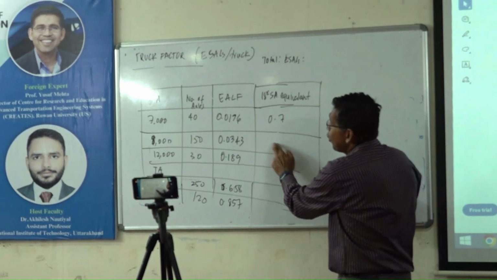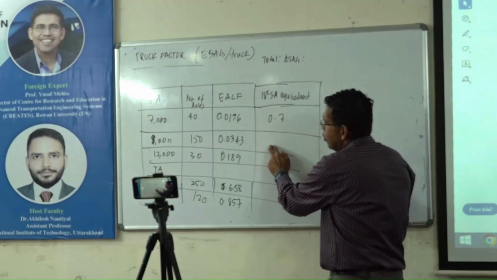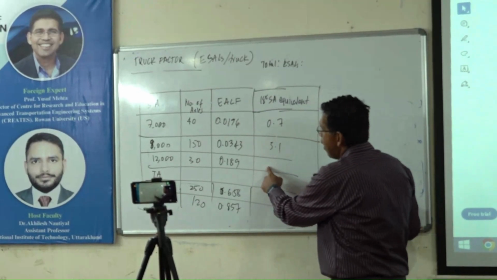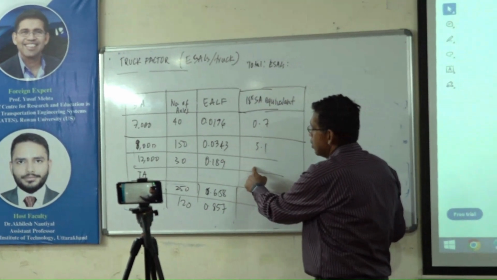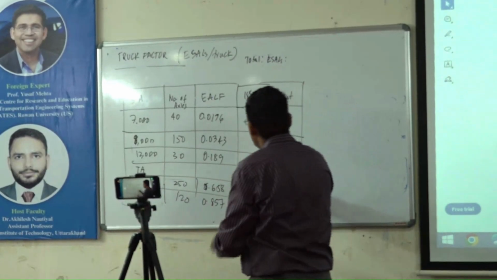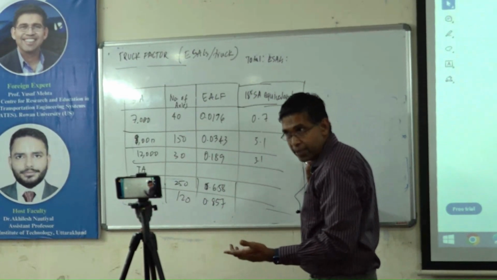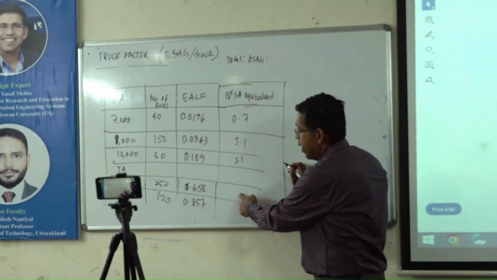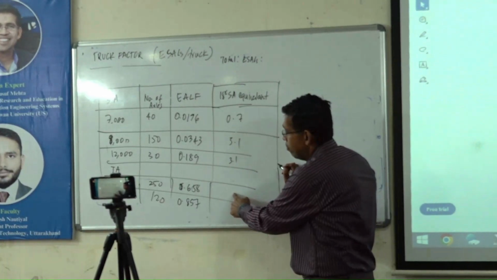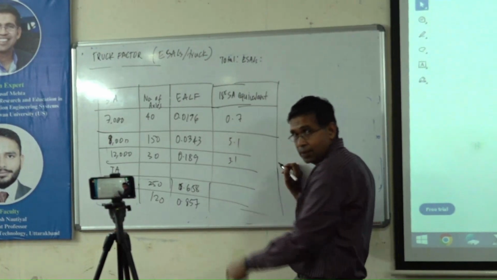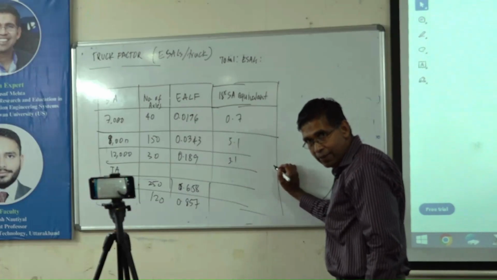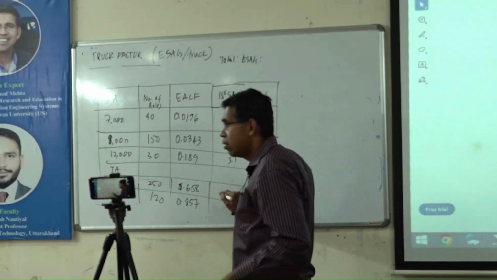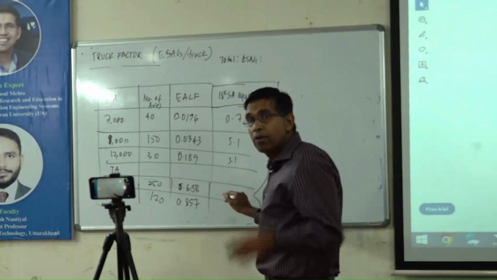What is this number? 5.145. Yeah, just one decimal is fine. Next one. 3.1. 3.06 somebody said, so 3.1, you are taking. Right, next one. Anybody online, did you get it?